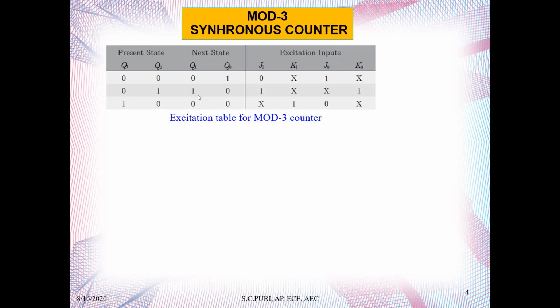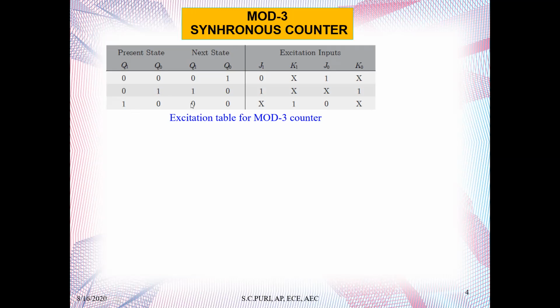So 0 to 1 transition means either there is toggling, JK 1 1, or it is a set condition, that is 1 0. So you can see here, either it is 1 1 or 1 0. That is 1, don't care. Similarly, from 1 to 0 transition, present state is 1 and next state is 0.